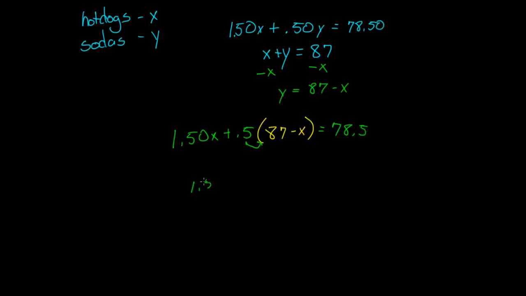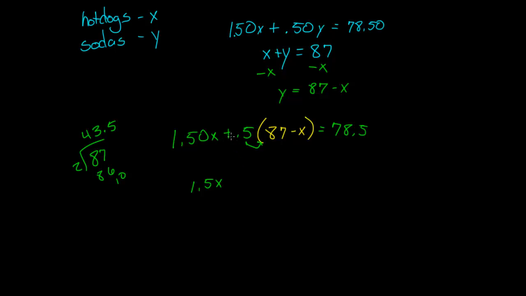So 1.5x plus 87 divided by 2. Just so that way we can see the math, we're going to look at that. That will go in there 3 times. That will leave you a 6, 1, and a 0, 5: 43.5.